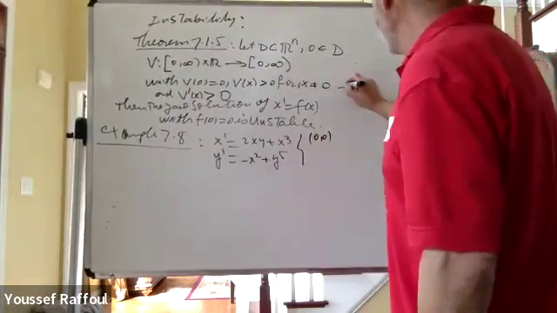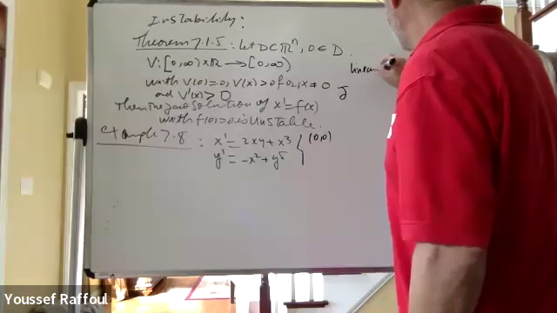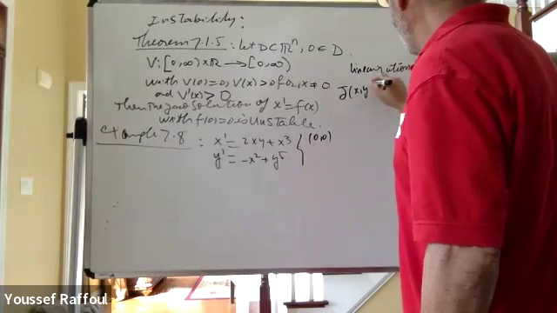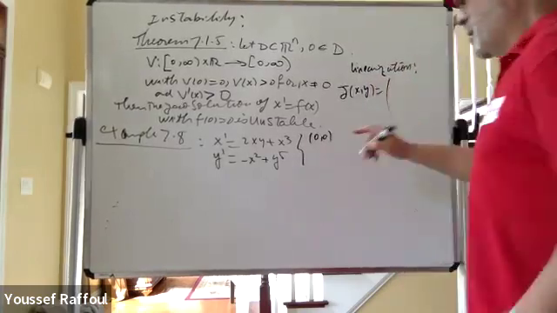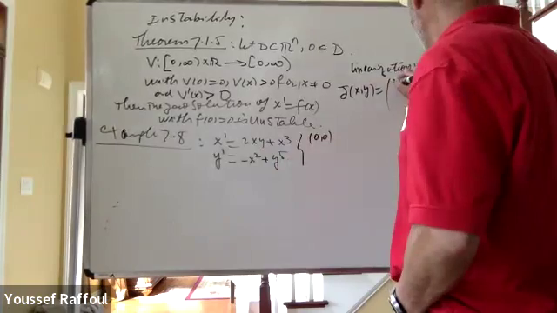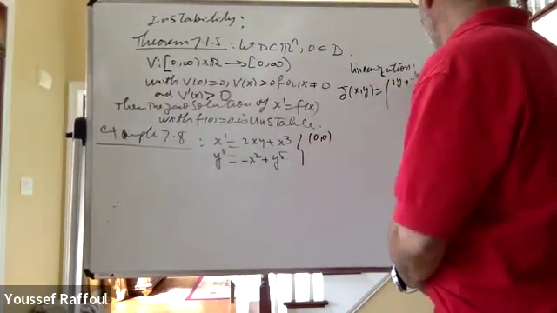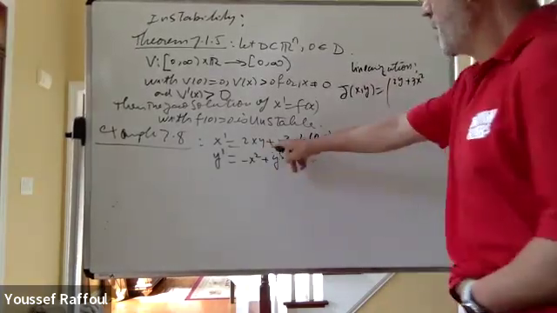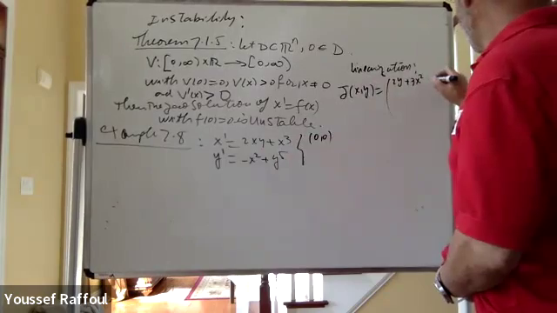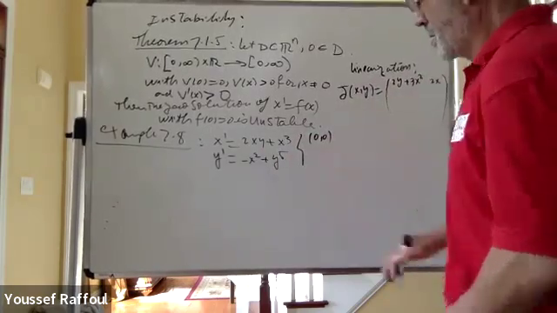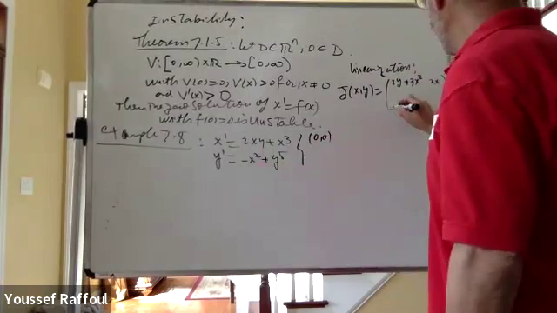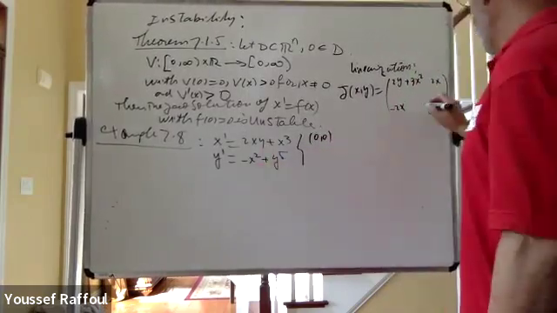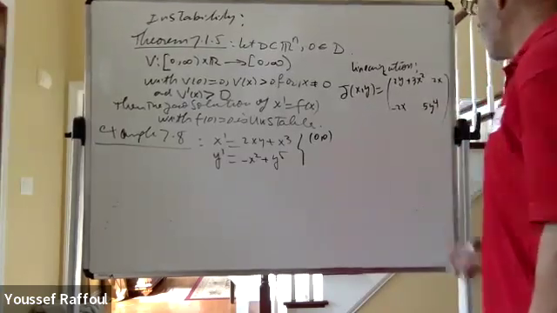If you use a linearization, so you calculate the Jacobian, del f1 over del x will be 2y plus 3x squared. Del f1 over del y will be 2x. Del f2 over del x is minus 2x, and del f2 over del y is 5y to the 4th.